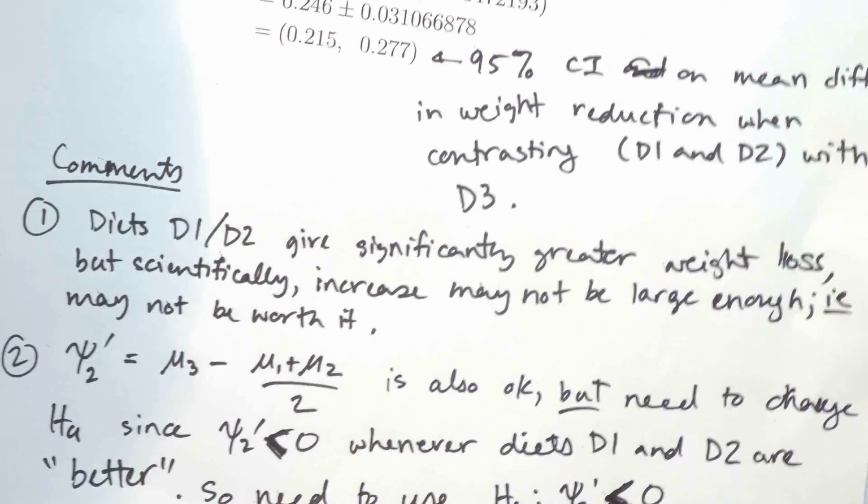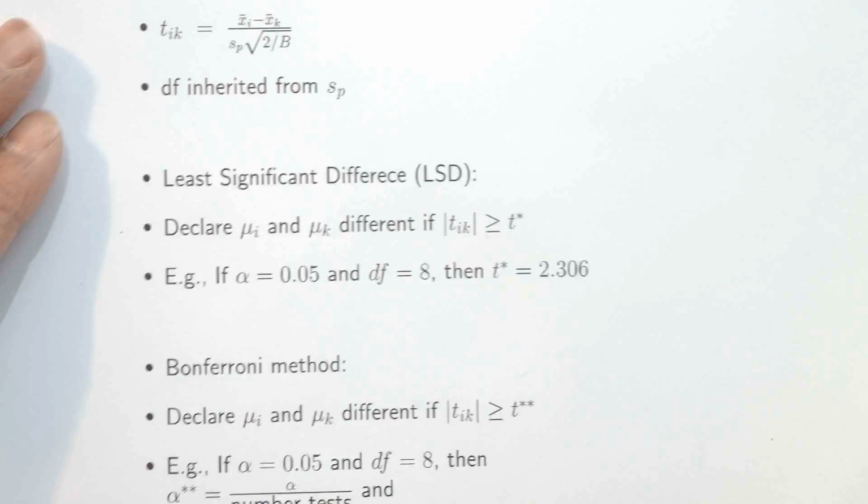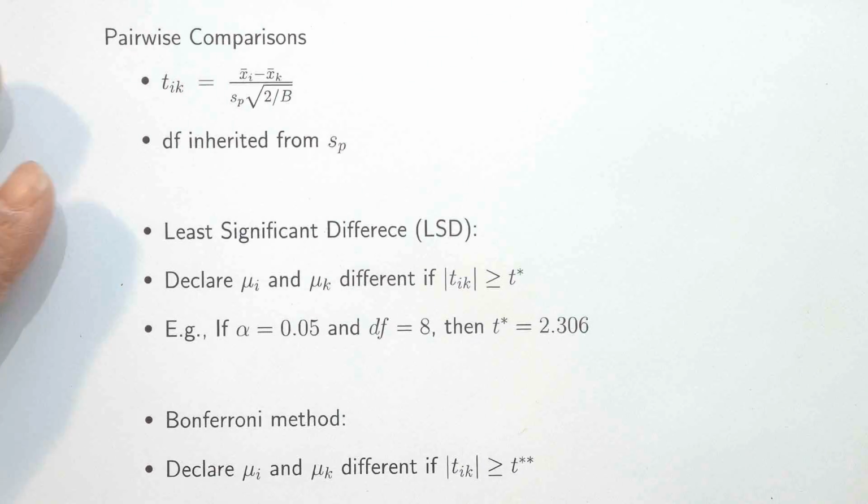If you're in the situation where you didn't have a specific set of contrasts that you wanted to test, and what you wanted to do was just conduct all pairwise comparisons, then we can do that as well. In particular, we're just introducing a little bit more notation.